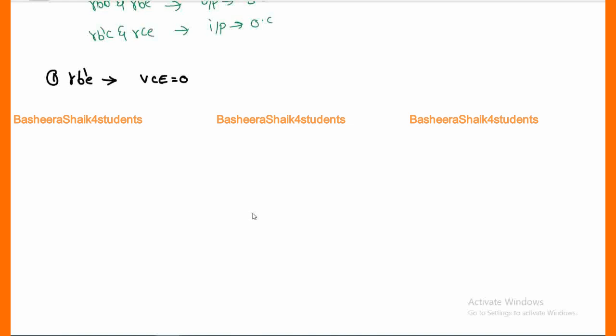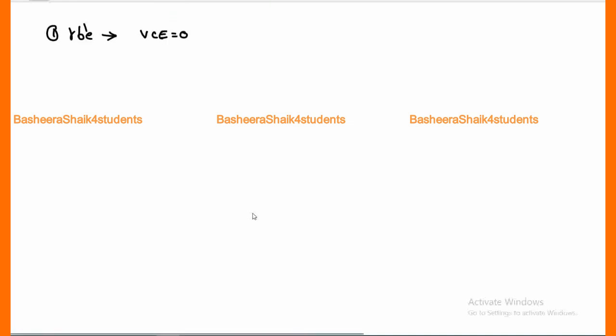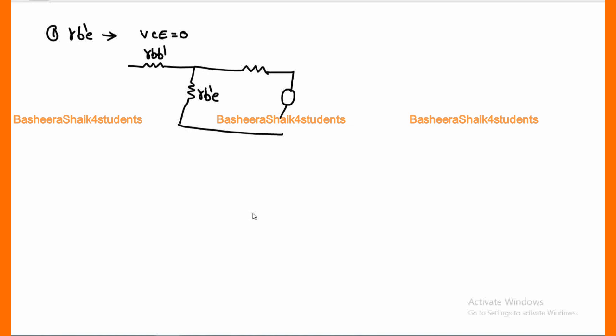And the corresponding modified circuit of the hybrid-pi model will have rbb' followed by rb'e, rce, and a dependent current source gm Vb'e followed by a parallel resistance rce.